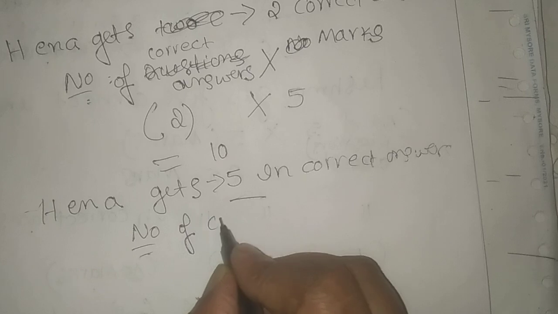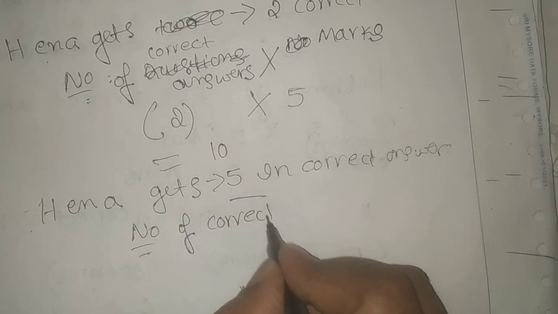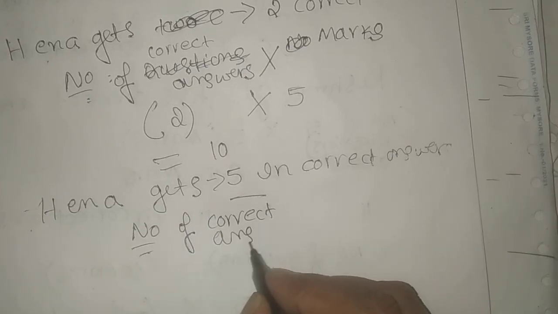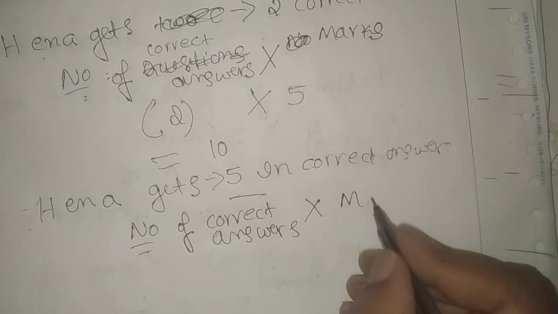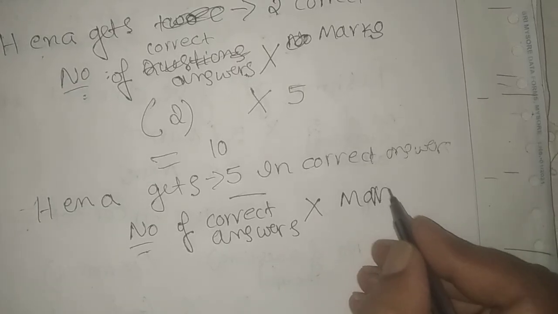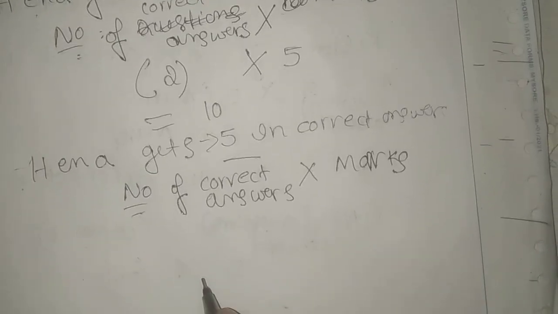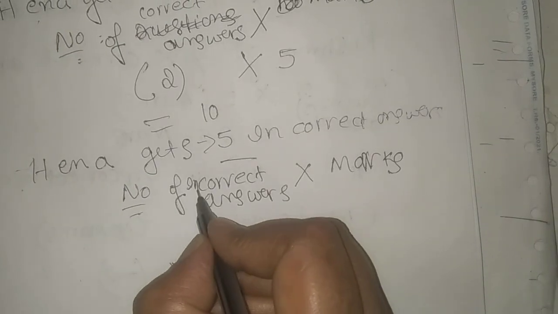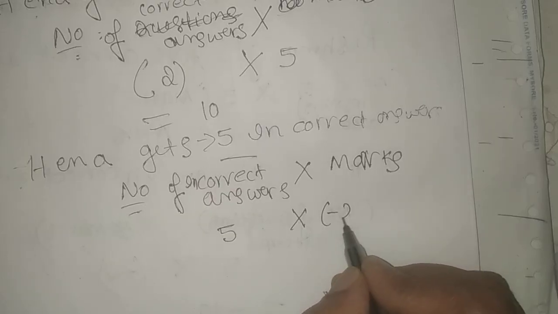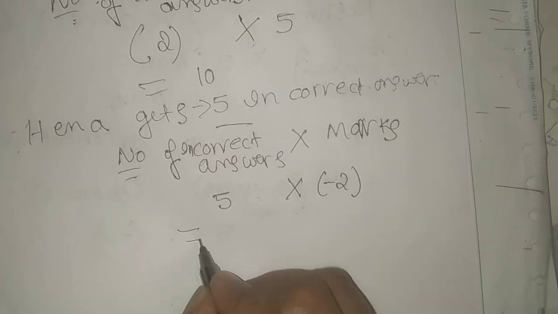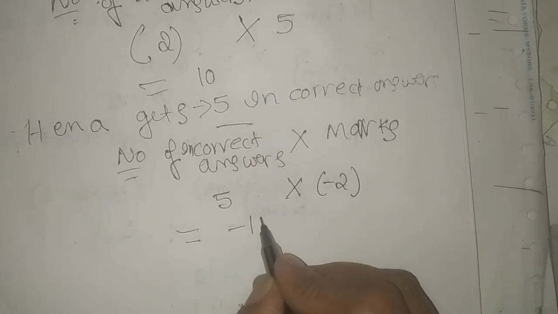Therefore, the number of incorrect answers is 5, into marks for each, which is -2. This will become 5 into -2 is -10.